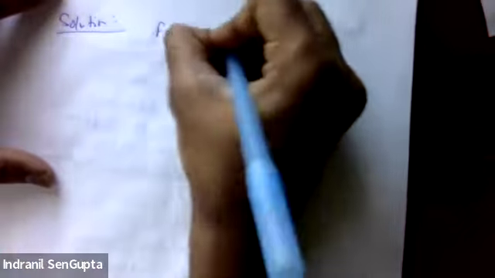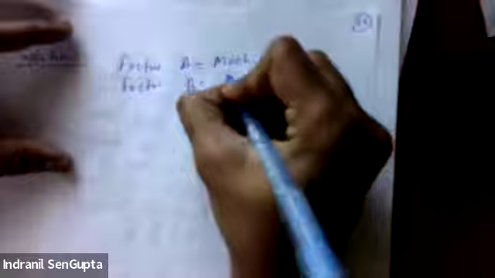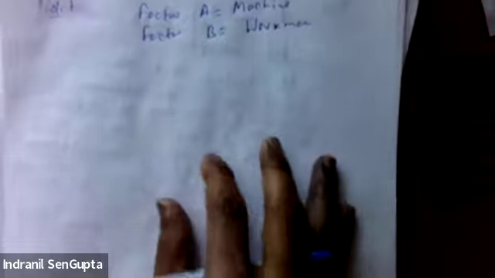So let's solve this. In this case, my factor A is the machine and factor B is the workman. Let's now draw the table. One more time, this is the workman, and here is the machine.